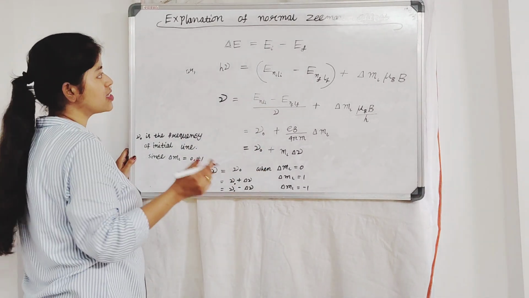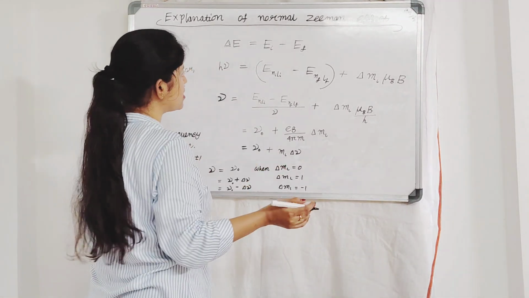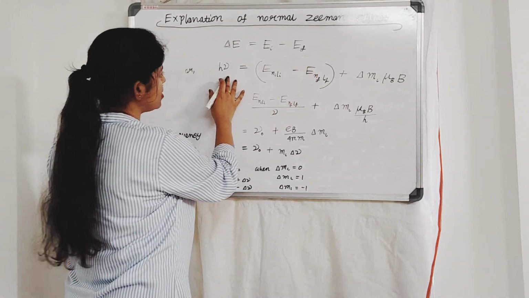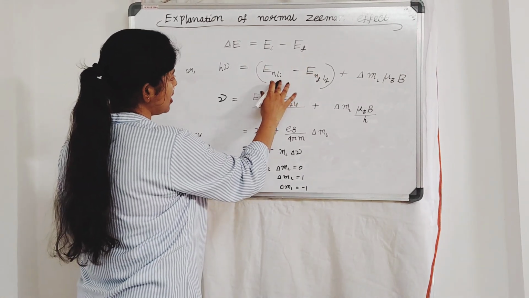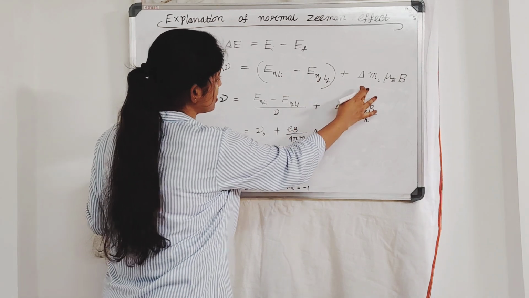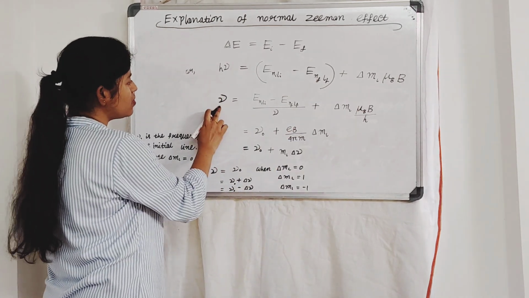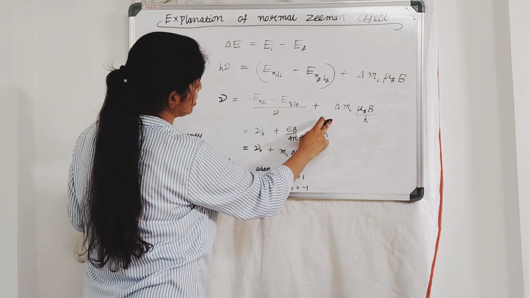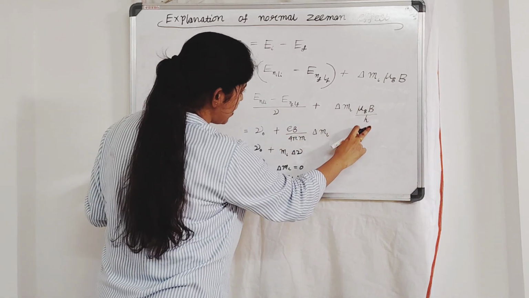So h nu equals E n i L i minus E n f L f plus delta ml mu B B. So nu equals E n i L i minus E n f L f by h plus delta ml into mu B B by h.